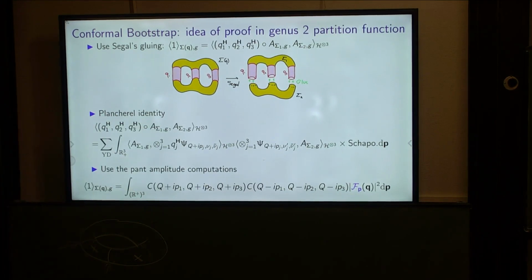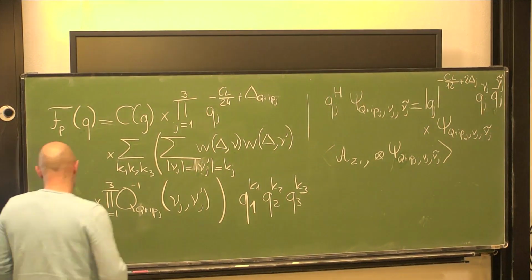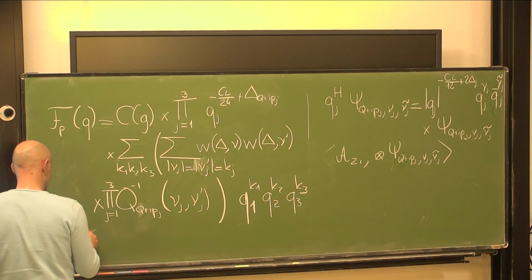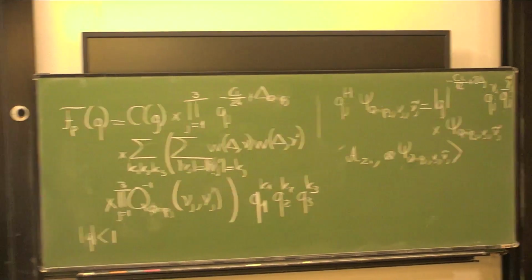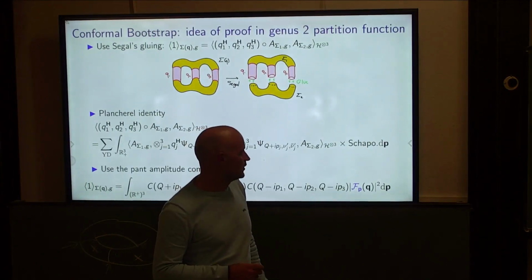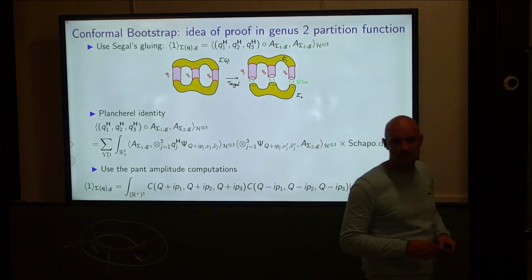In which region, so here you have a triple series in Q1, Q2, Q3. As far as I remember, it's for modulus of Q less than 1. Okay, is it correct, or I don't remember, it's less than 1, right? Or 1 plus epsilon? I mean, then you can still take another chart and extend.